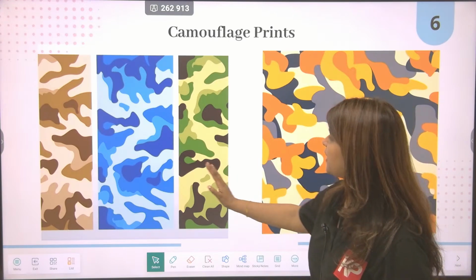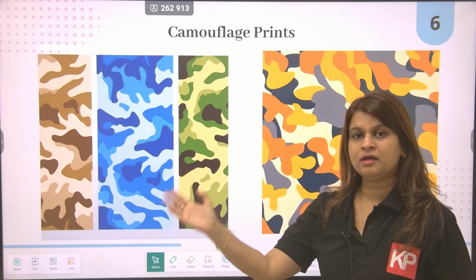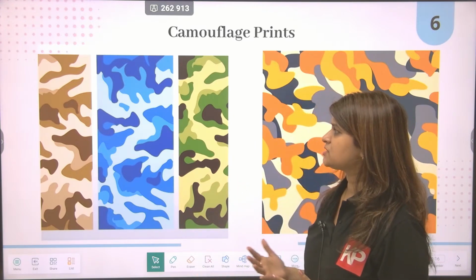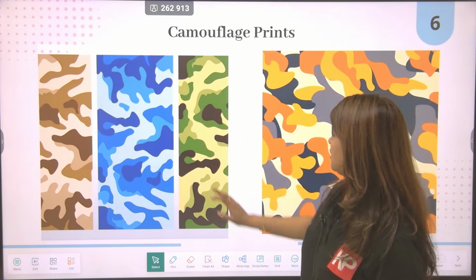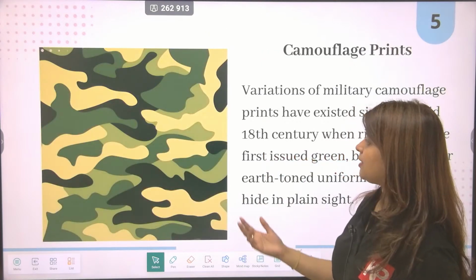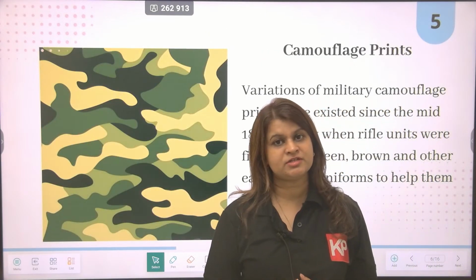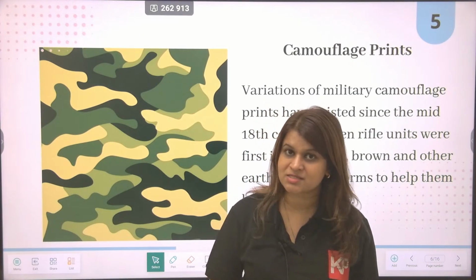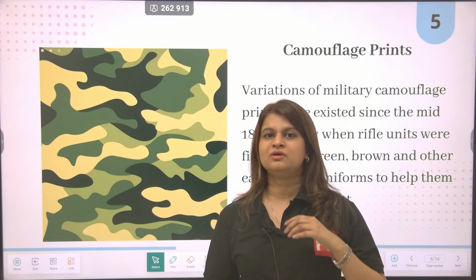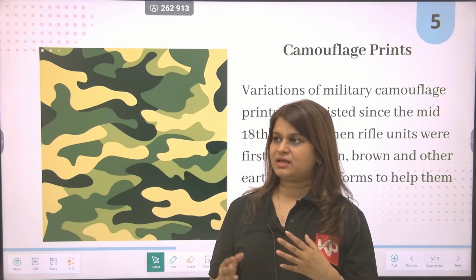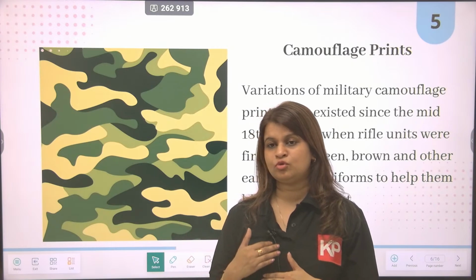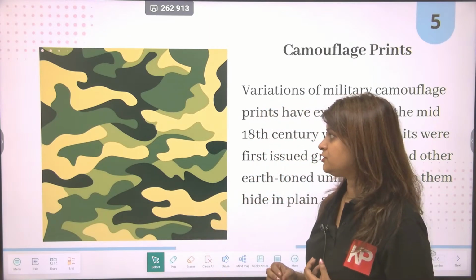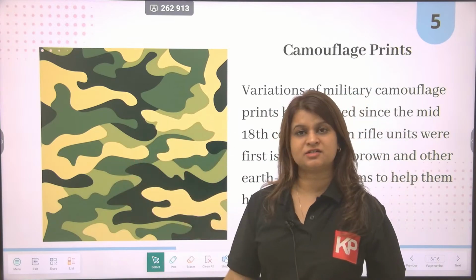So ये help करता है कि किसी भी तरीके के earthy tone में या earthy scenario में mix हो जाए. एंड आप देखोगे कि यहाँ पे जनरली देयर इज अ लॉट ऑफ ओवरलैपिंग. सो हमारे नाटा एग्जामिनेशन में और निफ्ट के एग्जामिनेशन में ऐसे बहुत से क्वेश्चंस आ सकते हैं वेयर दे वुड आस्क यू टू क्रिएट अ पैटर्न, okay, that helps a person to camouflage in the surroundings, या फिर create a pattern using abstract shapes.